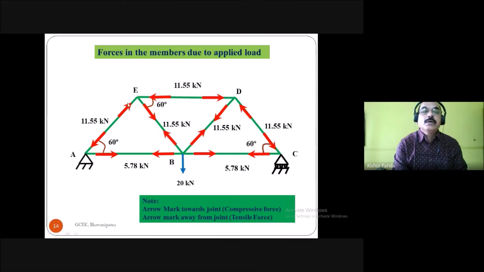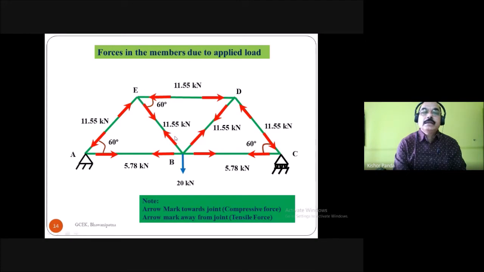Then, so what is the force here? This is your compressive force, and here also the force is compressive 11.55 kilonewton. And in the member AB, the force is tensile 5.78 kilonewton, and in member BC, the force is also tensile nature, and this is 5.78 kilonewton.